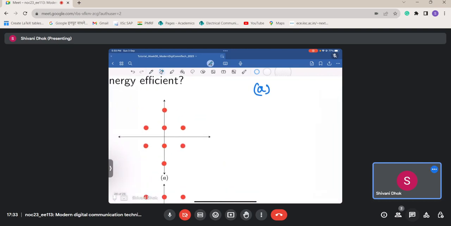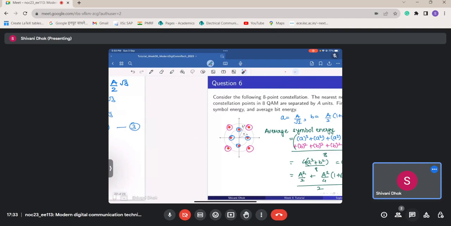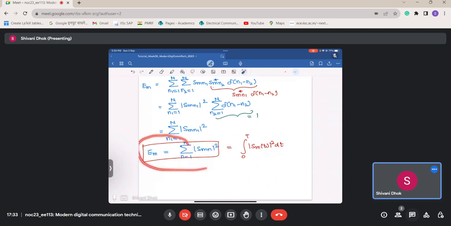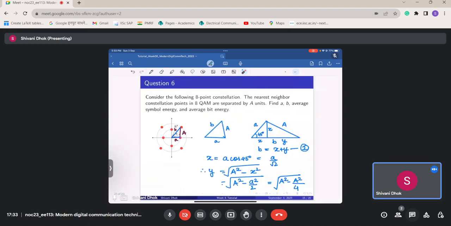These are the constellation points, and each axis corresponds to one basis, and therefore these points are basically coefficients of those bases, and we have seen it earlier. The energy of each constellation point is simply the summation of the energies of the coefficients of each basis corresponding to that constellation point.